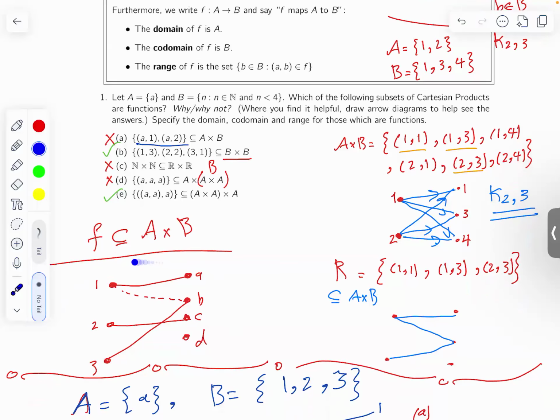A figure of a function can be like this one. 1, 2, 3 and the destination B is a, b, c, d. You see that from any element, it goes outside just one time. Do you see this dashed line here? This should not exist. From 1 going to a and b.